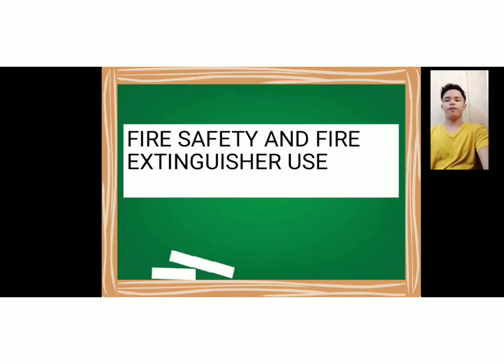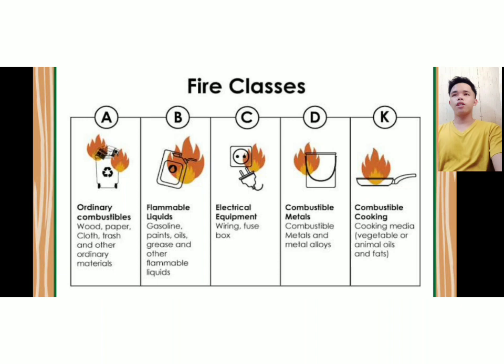Fire safety and fire extinguisher use. There are fire classes. Class A is ordinary combustibles, which are wood, paper, clothes, trash, and other ordinary materials. Class B is flammable liquids, which are gasoline, paints, oils, grease, and other flammable liquids.